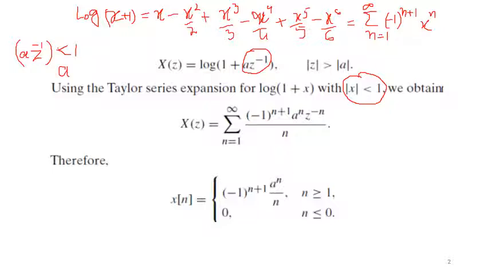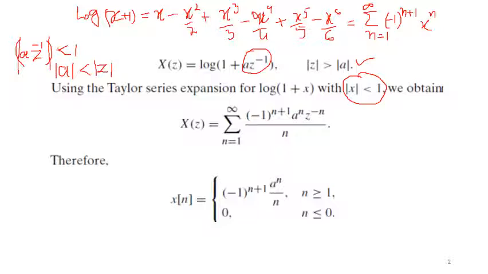That's the region of convergence. So that means absolute of a should be less than absolute of z, which we have here, right?